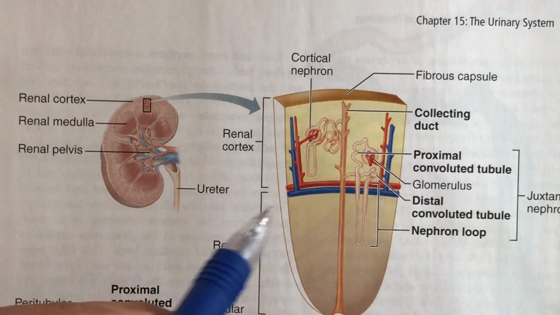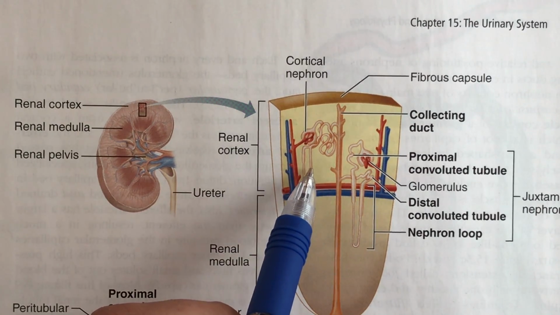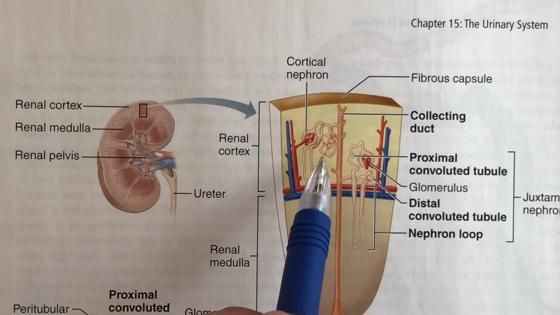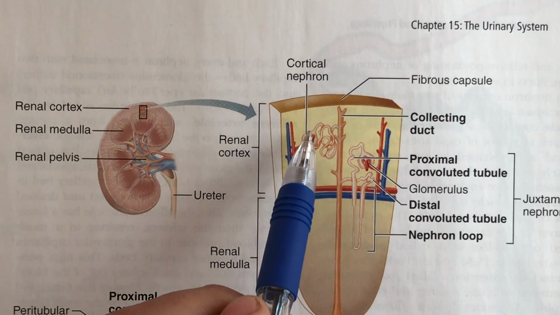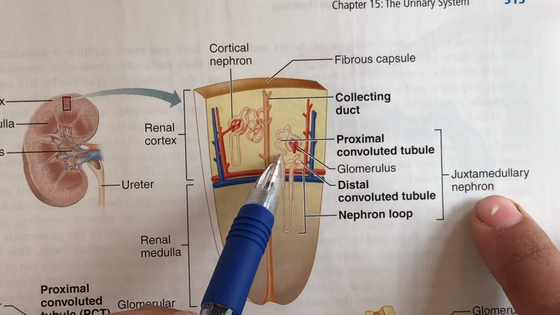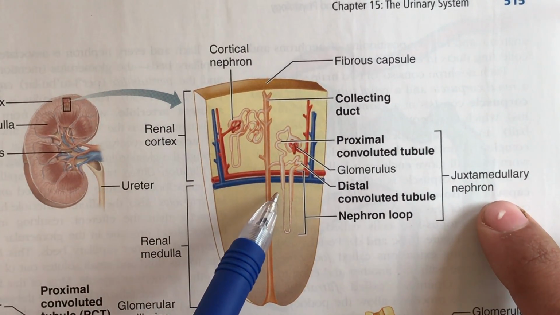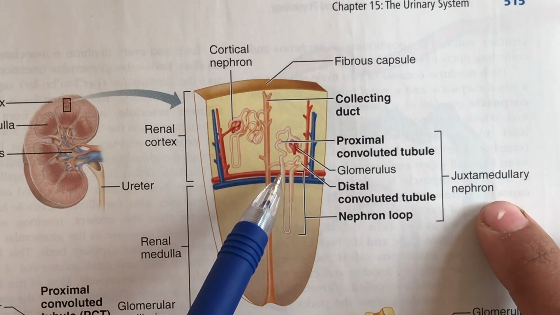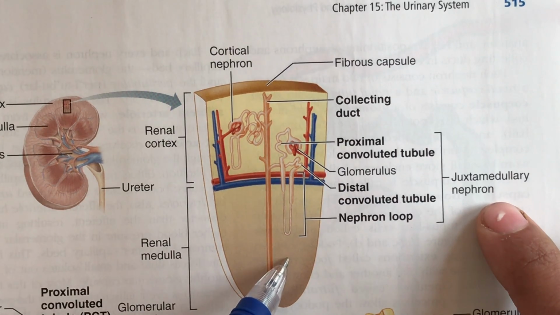zoom it in, and we find we have two different types of nephrons. We have the cortical nephron, because the whole thing is in the cortex, and then we have the juxtamedullary nephron right here, because some of it is in the cortex, but some of it, this loop, the loop part of the nephron, actually dips all the way down into the medulla, into where the pyramid is.